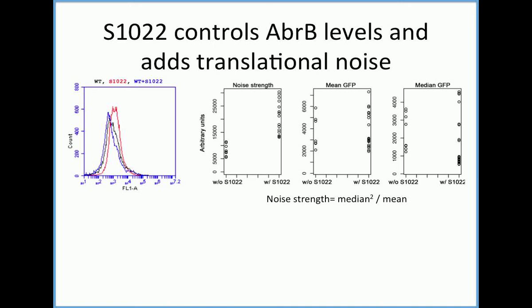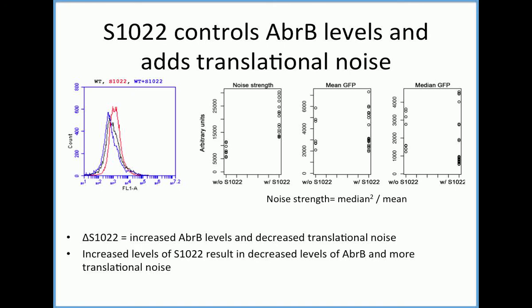But when we do have the S1022 present, this then expands and shifts up, suggesting that there is an increased amount of noise within the system. So a delta S1022 mutant increases AbrB levels and decreases translational noise. And increased levels of S1022 result in decreased levels of AbrB and more translational noise.